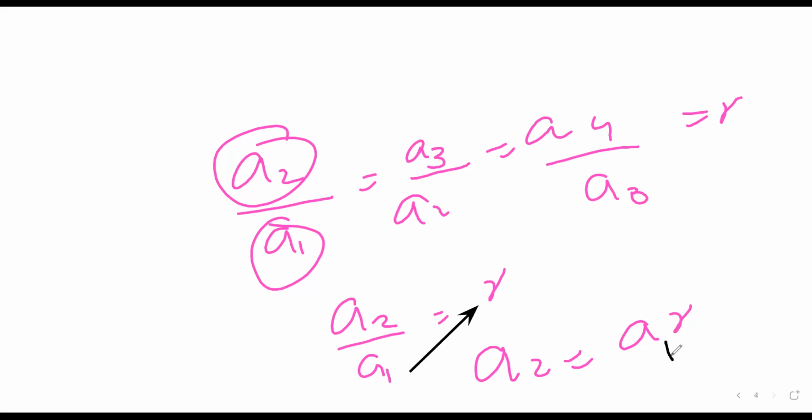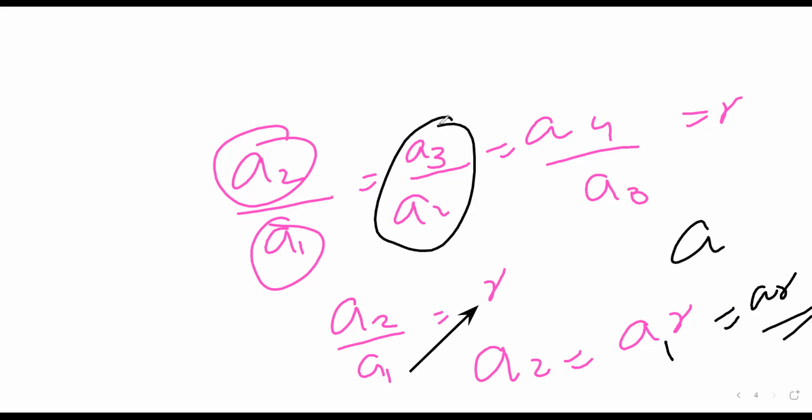Correct, I will write here a1R. But what is my a1 generally? The first term, that is a. So if I take a3 by a2, a3 by a2 is equal to R. Now I will cross multiply with this R. So a3 is equal to a2 into R. What is my a2? It is aR.